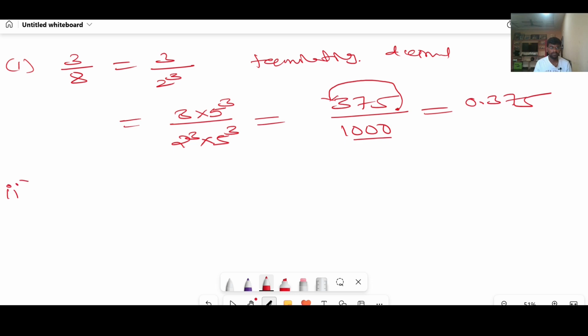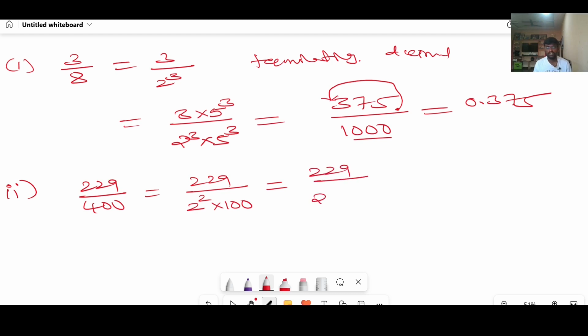And the second one, 229 by 400. Again I can write it as 229 by 2 square into 100. 2 square means 4. I can write it as 229 by 2 square into 100, and here 2 square missed their pair, so I will multiply with 5 square. Since I am multiplying in the denominator, I need to multiply in the numerator. 5 square means 25. You can simplify this value, you will get the answer.